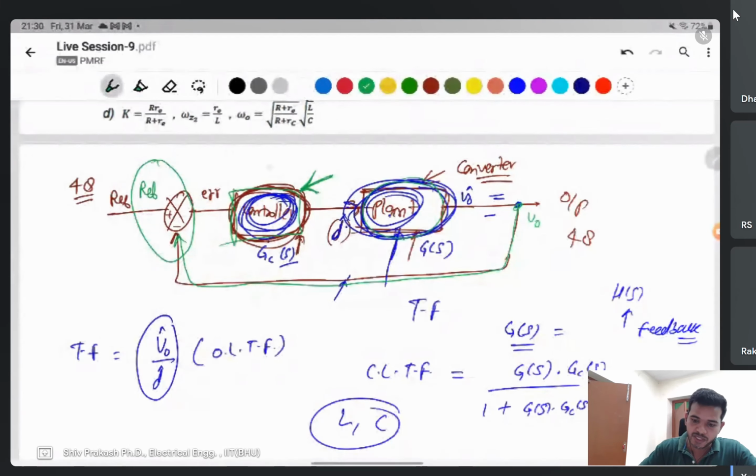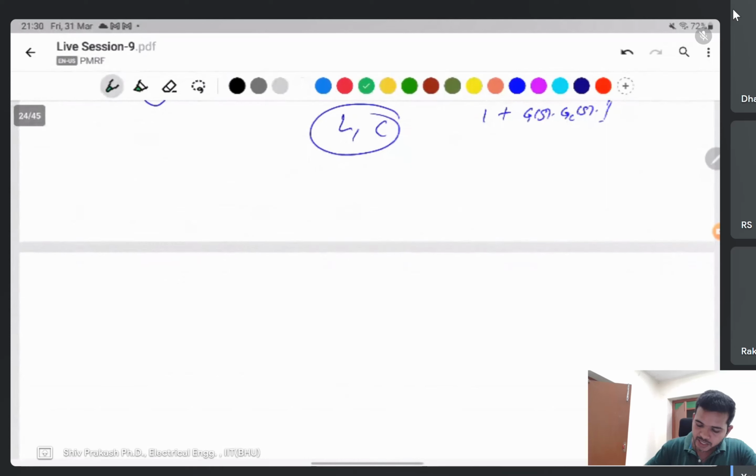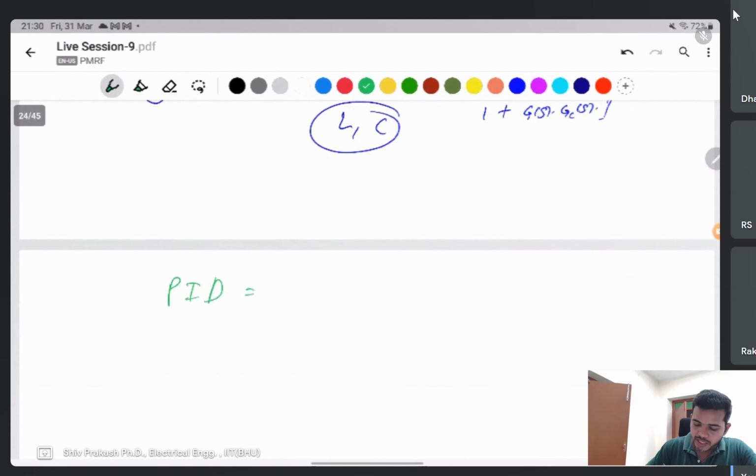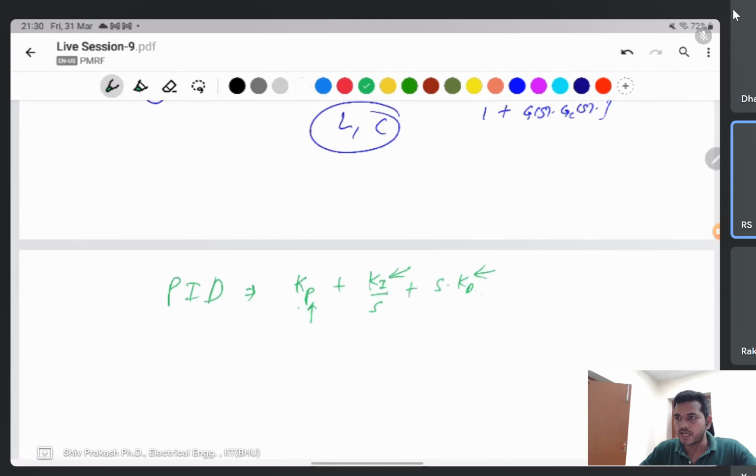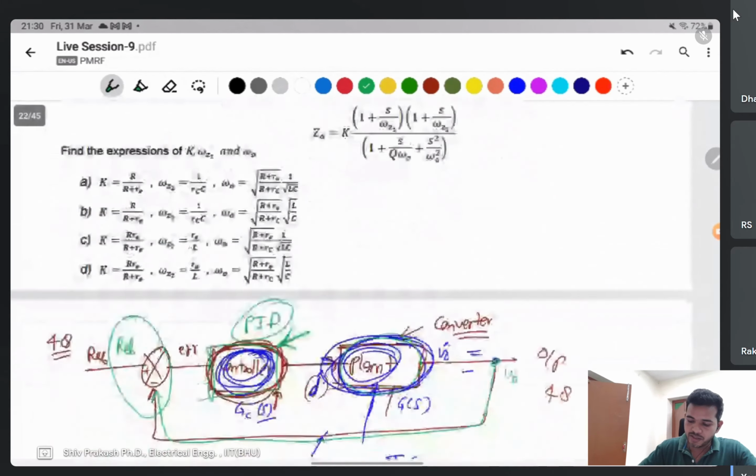In a PID controller, it is Kp plus Ki by S plus S of Kd. Once you fix the gains of the PID controller, Kp, Ki and Kd, if you have a plant and you have fixed this controller, you cannot change it. The controller is designed with respect to the plant transfer function.